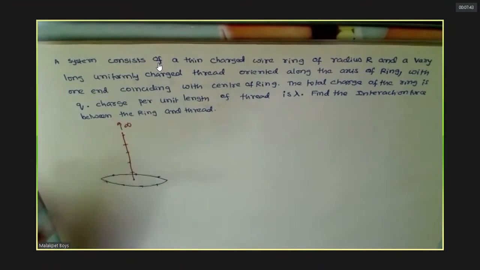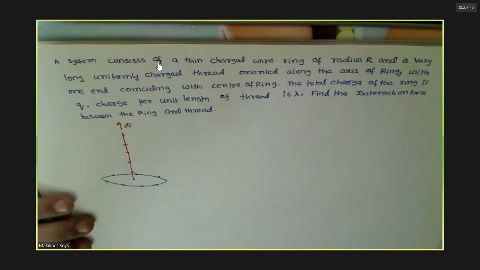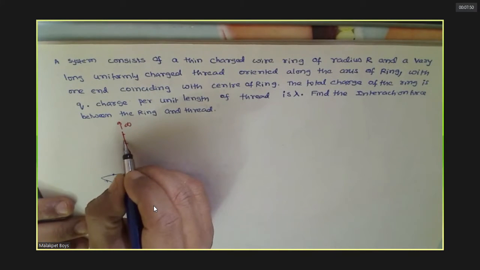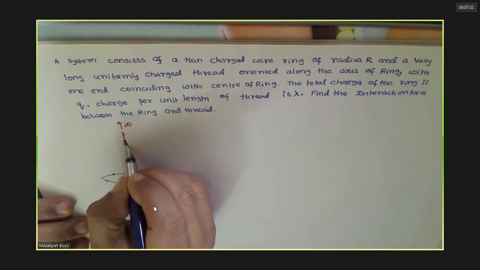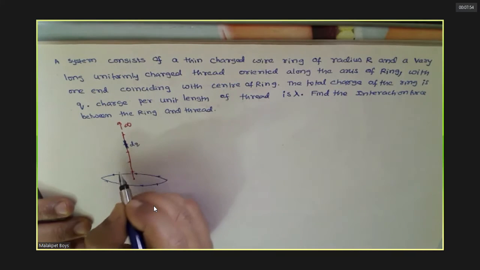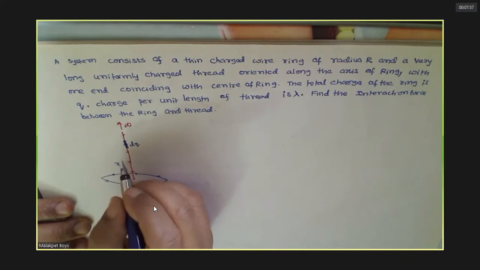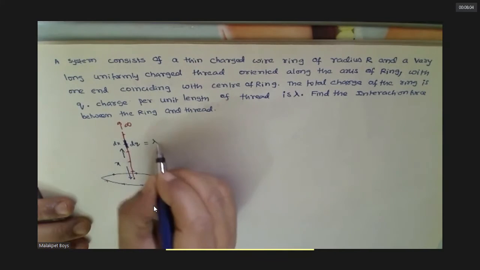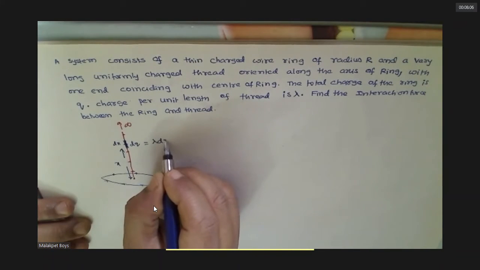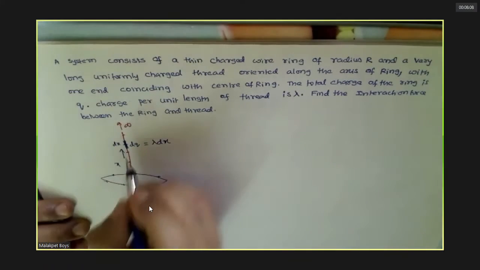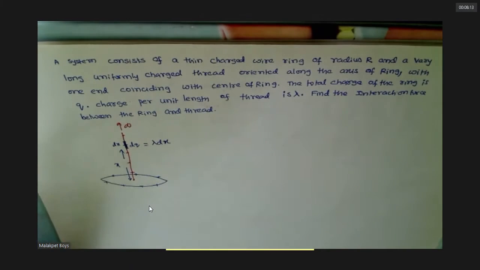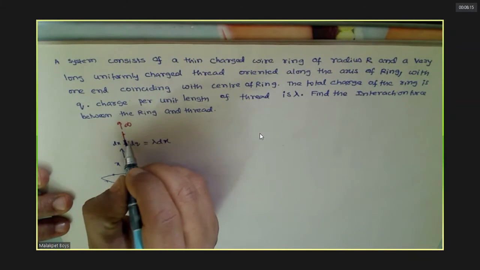He's asking the force. Now what you will do is, these are two objects. We'll consider small elements. If we take this dq at a distance of x, of length dx, what will be this dq? It is lambda dx. Now we can see that the electric field due to the ring is away from the ring.